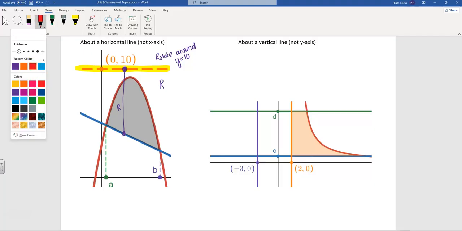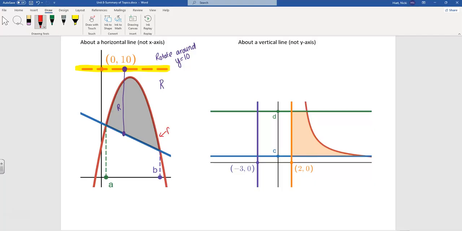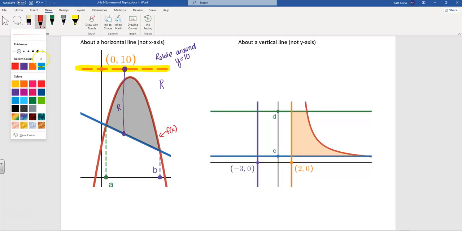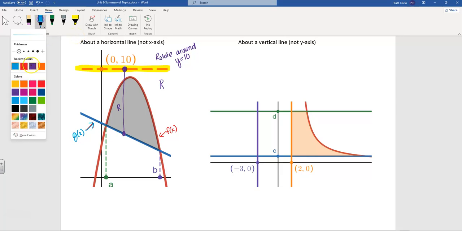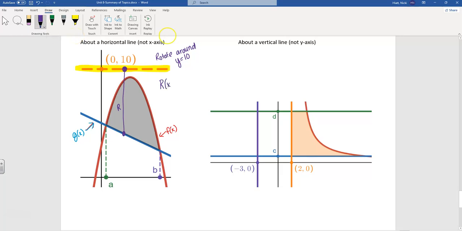Let's call this one, this is f of x in red. Call this g of x in blue. So, for this one, capital R of x would be, I go, blue line is g of x. No, I'm doing it backwards.